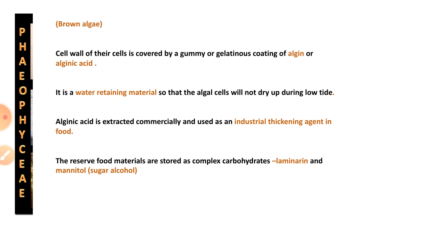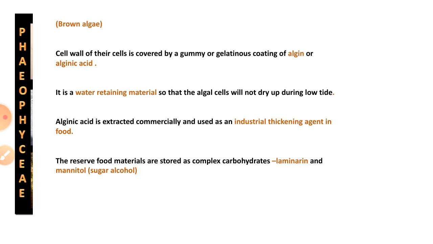Sometimes you can see algae washed up on the shores during low tide, and because algin can retain water for some time, these algal cells will not dry up soon. Algin is a major component of brown algae and is not found in land plants. It is extracted commercially and used as an industrial thickening agent in food and for other uses.